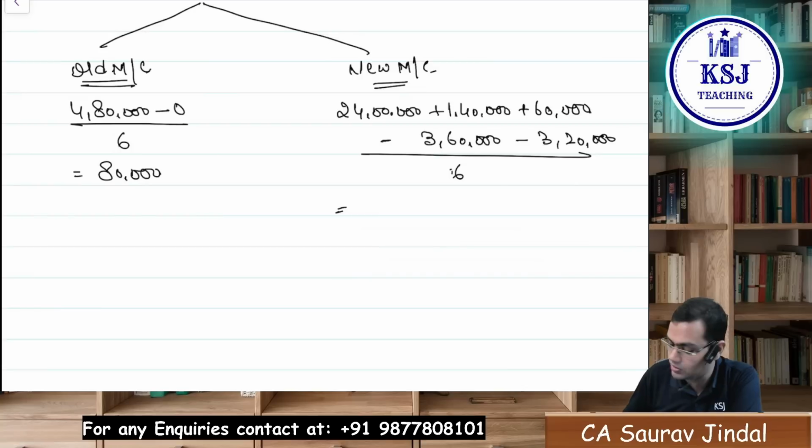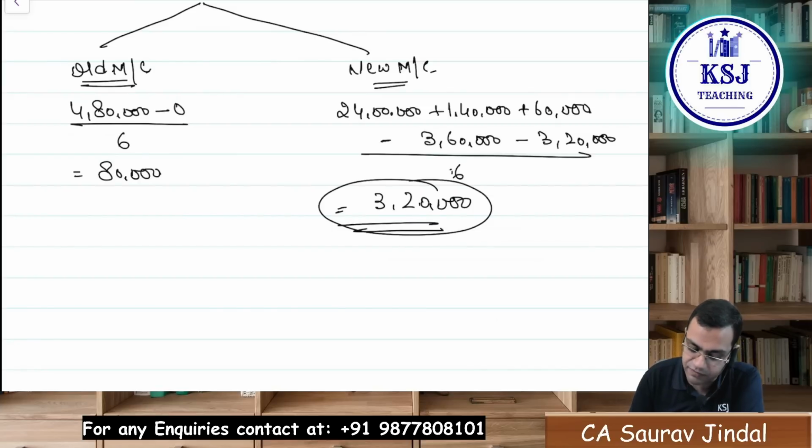This will give you the new machinery depreciation. That is 19,20,000 divided by 6, 3,20,000 is the depreciation for new machinery.